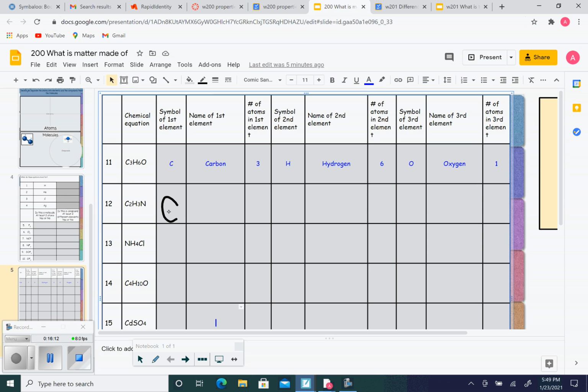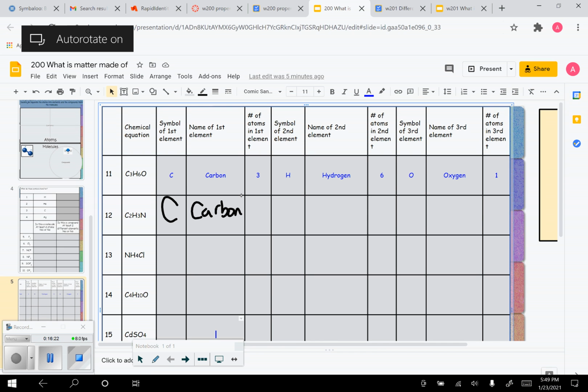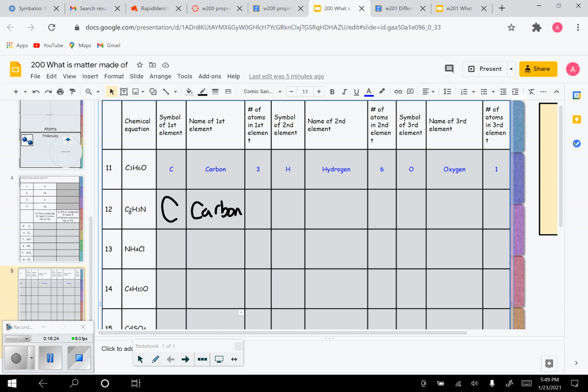C for carbon. Sorry, my handwriting is awful with this. Okay, and how many carbons are there? There are 2. Okay, so that one's done right there. The next one is H. I'm going to use periodic table to know H is hydrogen.